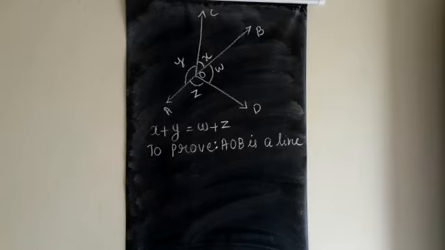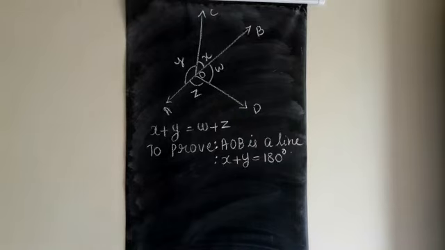For proving AOB a line, you should prove that either x plus y, the angles on that line, is equal to 180 degrees, or you can show w plus z is equal to 180 degrees. So I am selecting x plus y is equal to 180 degrees because that is the meaning of a line. A line means all the angles on a line add up to 180 degrees.